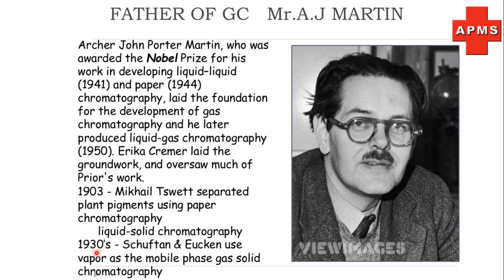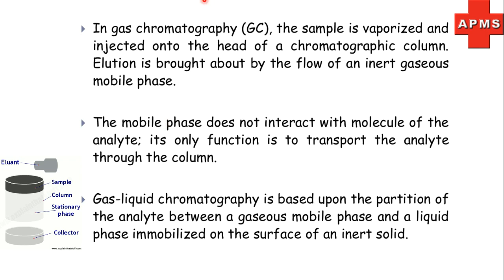Then liquid-solid chromatography, and these scientists used vapor as the mobile phase in gas-solid chromatography. So we can remember this name, a person who got the Nobel Prize in the field of chromatography.